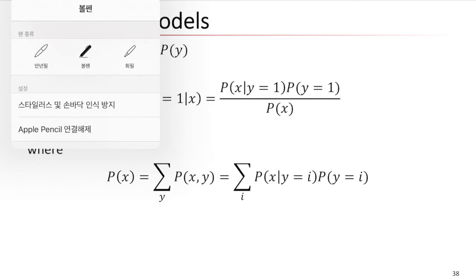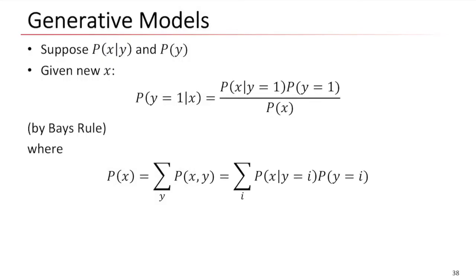Let's suppose we have modeled the probability of x given y and the probability of y like this, and now we have a new feature x in the testing phase.